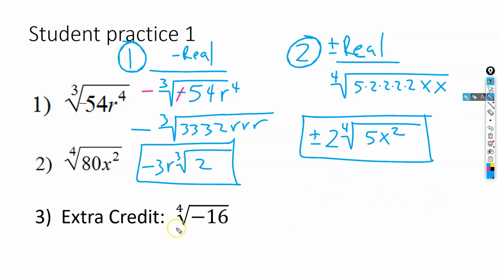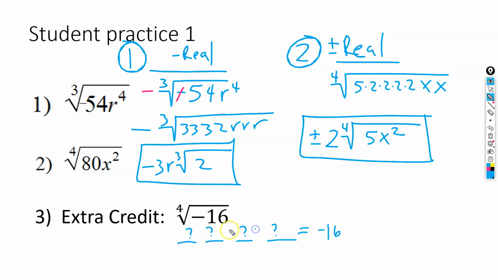Now, just so you know, the way that this works, you can't just cross this off and put an i in the front. You do that for square roots, but not for 4th roots, okay? So here's a better way of thinking about it. Whenever you're done figuring out your answer, whatever it is, you're asking yourself what number multiplied by itself 4 times will give you negative 16.